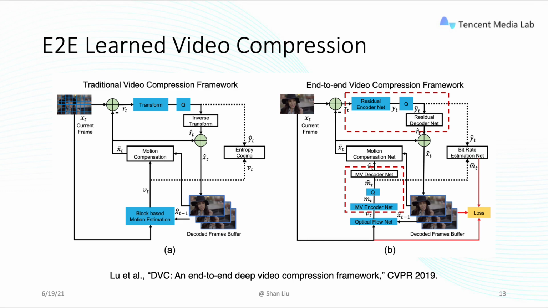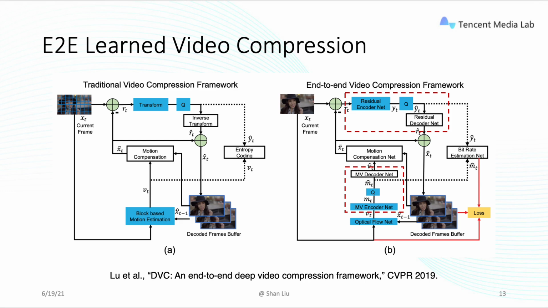And a motion compensation net is used for frame reconstruction. And two autoencoders are used to compress the motion and residue.